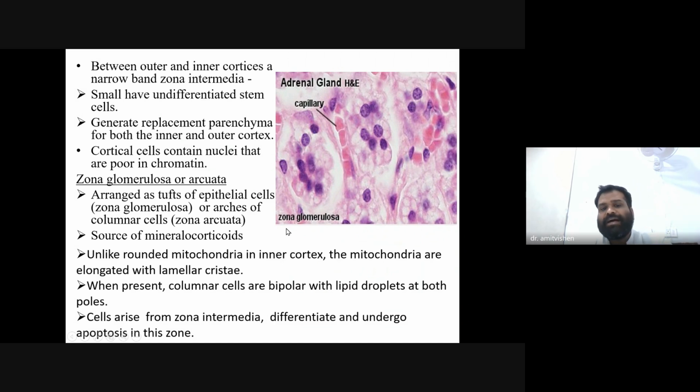And unlike rounded mitochondria in the inner cortex, the mitochondria are elongated with lamellar cristae. These mitochondria you will see in the transmission electron microscope, not in the light microscopy. And cells from the zona intermedia differentiate and undergo apoptosis in this zone.